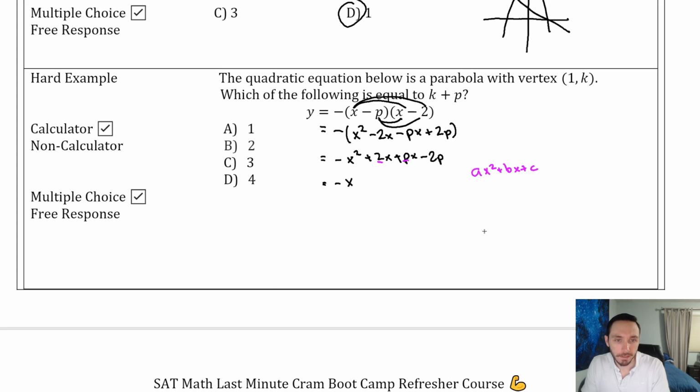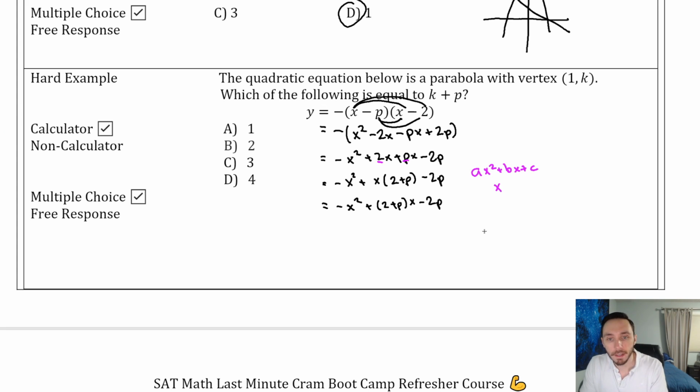If I factor the x out here, I'll get x times the quantity of 2 plus p, and then minus 2p. These are already in the same form, but it's more conventional to put your number in front of x, right? Like 3x, instead of writing it as x times 3. So I'm going to write this as negative x squared, and then plus quantity of 2 plus p times x minus 2p. All right, so why would I convert it into this form?